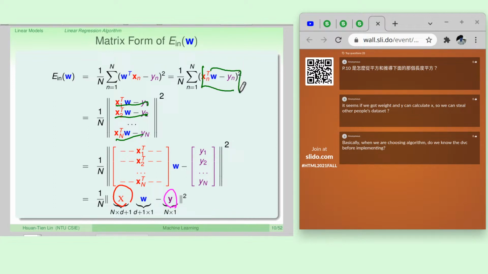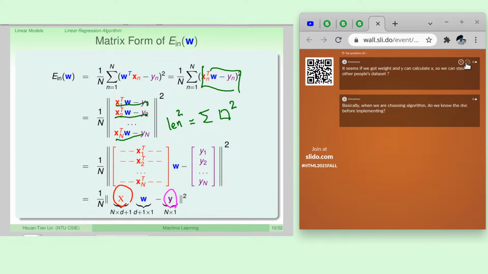And now, remember, the length square of a vector is the sum of component square, and we're just using that result. So it's just plain math for vector operation.